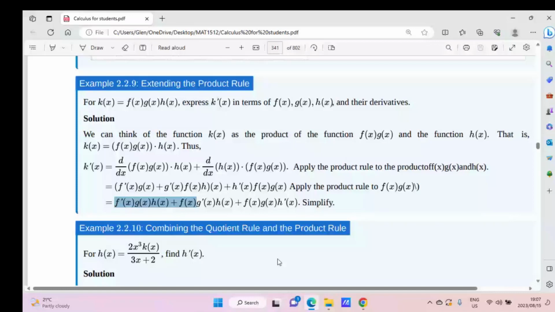Let me write neatly. All over open bracket 3x plus 2 close bracket, everything squared. Yes, sir. Thank you.